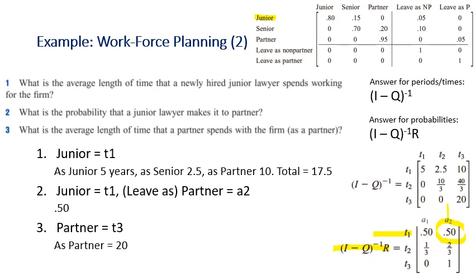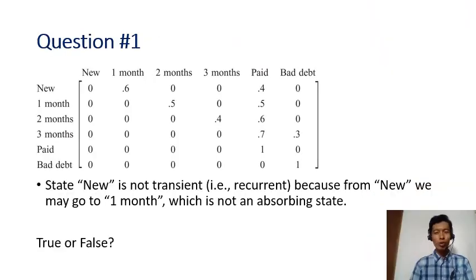Now the third one again is about the average length of time that a partner will spend as a partner. So 20 years is the average time that a partner will spend in the firm as a partner. Obviously, because when you already have the status of a partner, you cannot go down to a lower status. Okay, that's quite long, right?